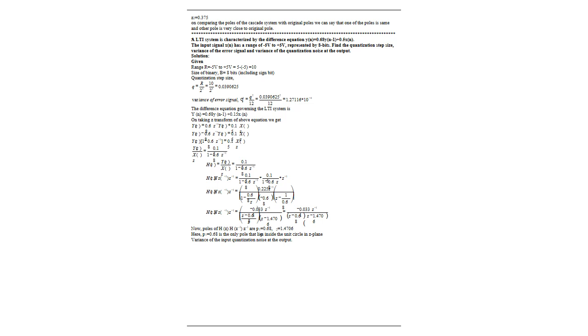Now the poles of H of z inverse are P1 is equal to 0.68 and P2 is equal to 1.4706. So here P1 is 0.68, the only pole that lies inside the unit circle in the z plane. So the variance of the input quantization noise is at the output.